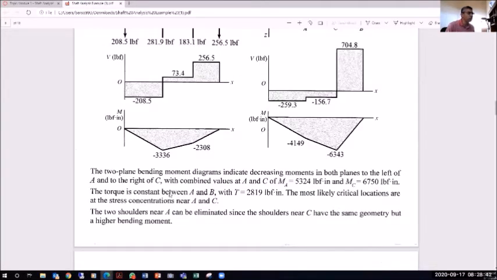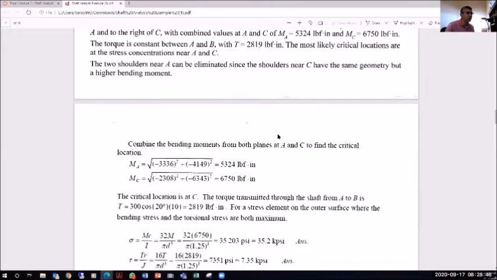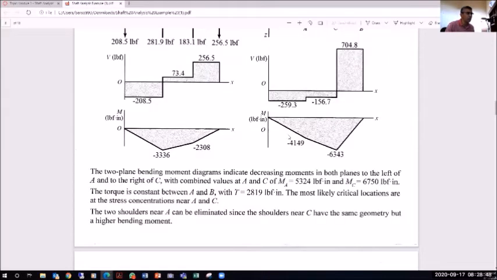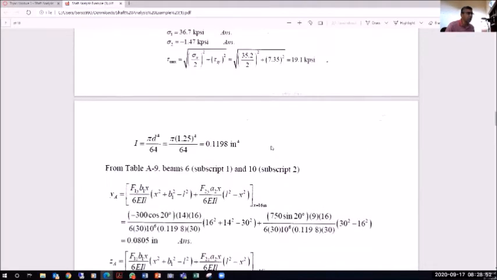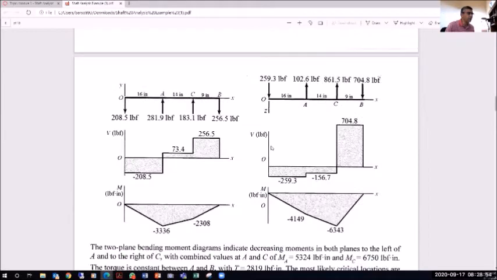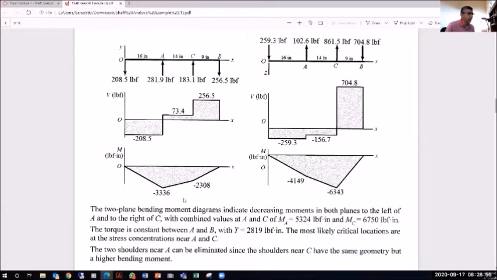Once you have the 2-plane bending moment diagrams, we use these to find a resultant moment diagram to identify the critical section. And in this case here, I can find the resultant, and please note, when we are finding the resultant moment, we have to be looking at specific points.